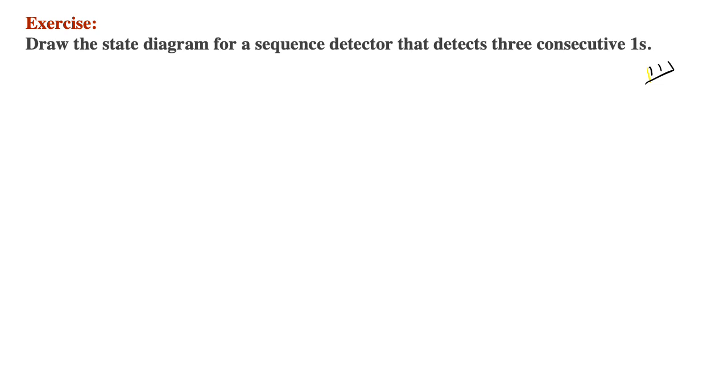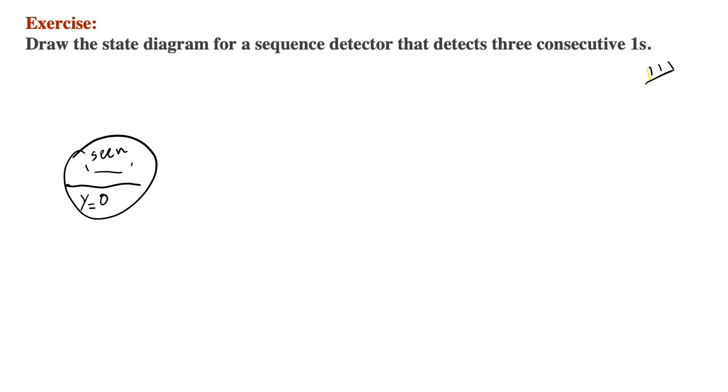So we're going to start with an initial state that's blank, right? In here we're going to say seen nothing, because so far we've just started, so we have nothing in memory. And in here we're going to put the output. The output so far is 0 because we don't have the sequence we're interested in yet.